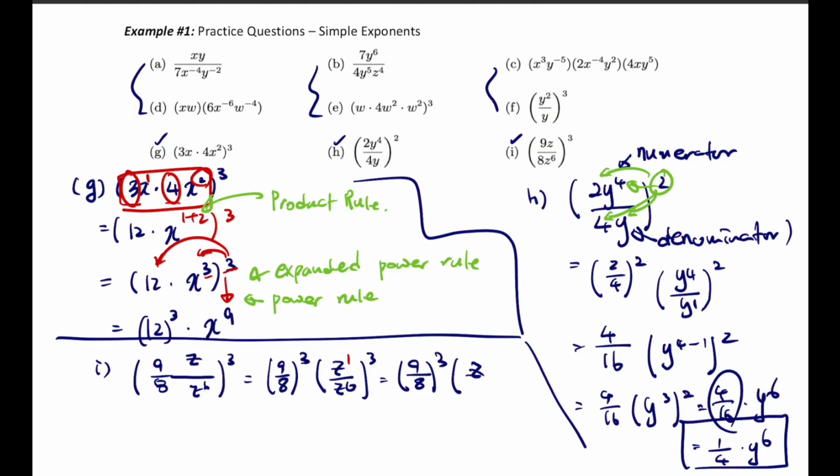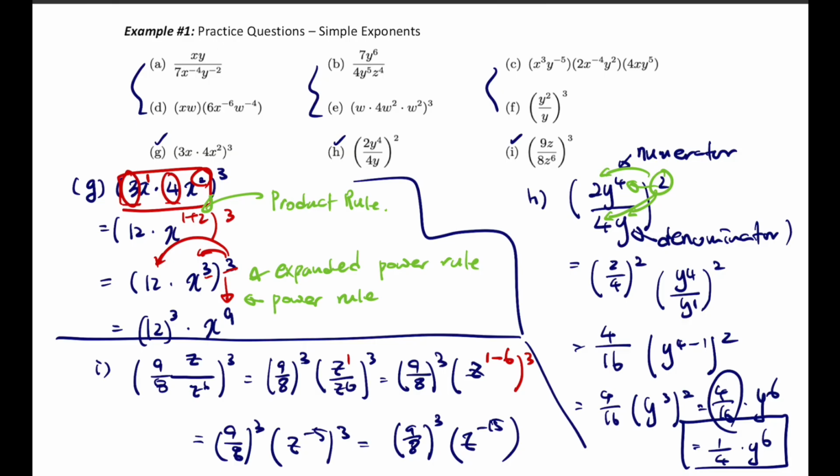So we do z to the power of 1 minus 6, to the power of 3. Then we get 9 over 8 to the power of 3 times z to the power of negative 5, to the power of 3, which equals 9 over 8 to the power of 3 times z to the power of negative 15. Okay, you have got your answer.